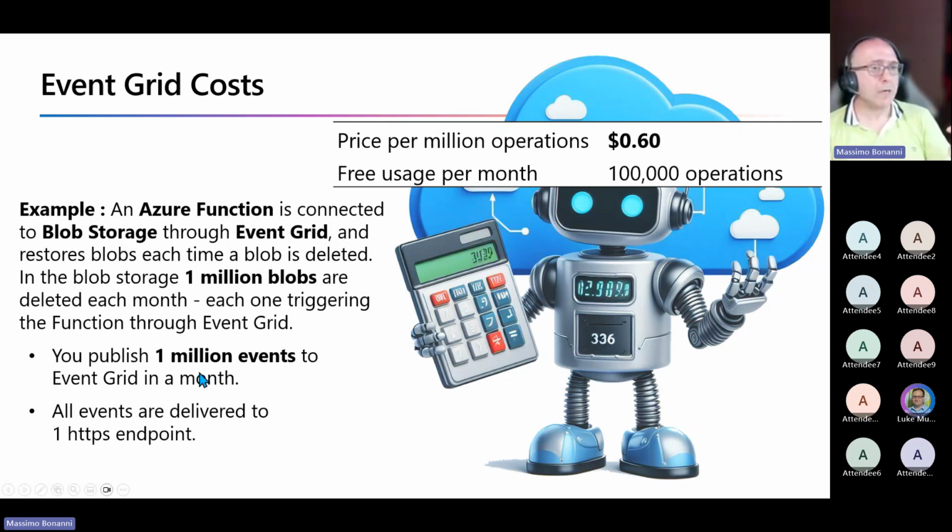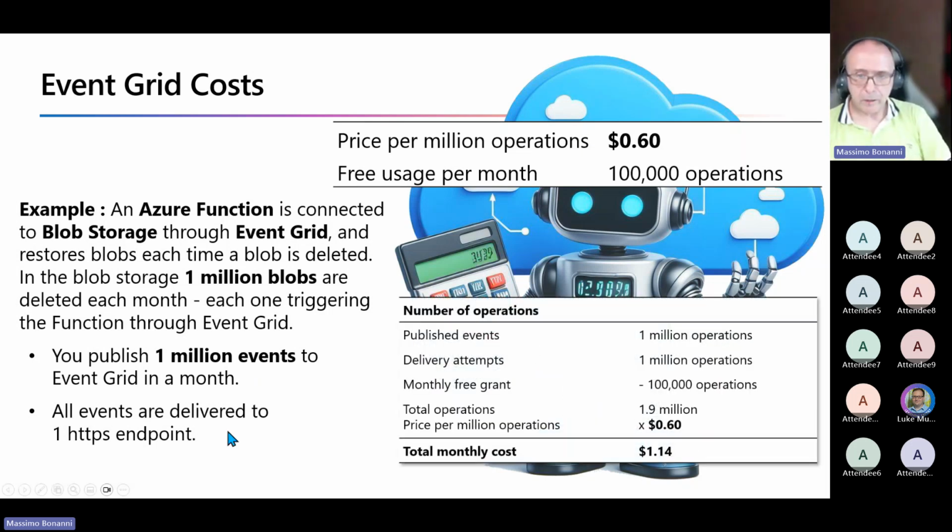You publish 1 million events from the storage, and you have 1 million events delivered to the endpoint, to the function. If you make a calculation, you pay $1.14. So it's not a big amount of money. I can imagine you have other resources that cost a lot more than this.